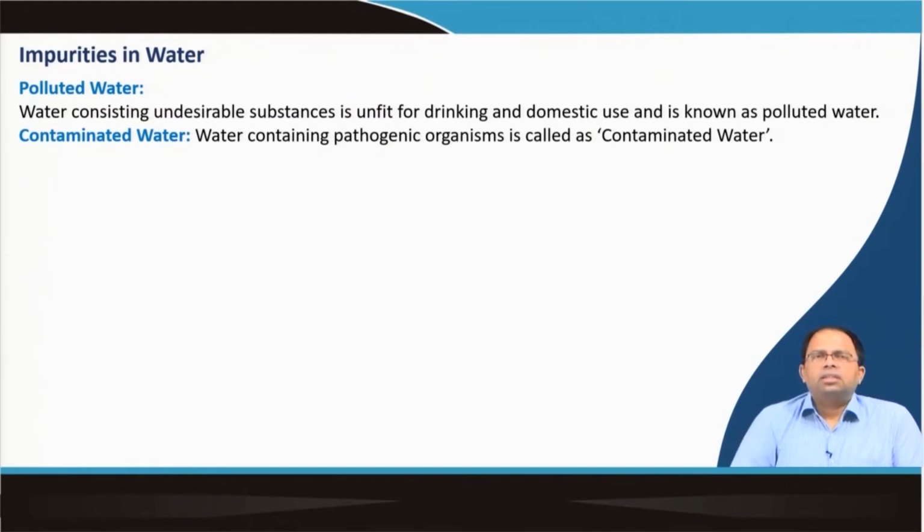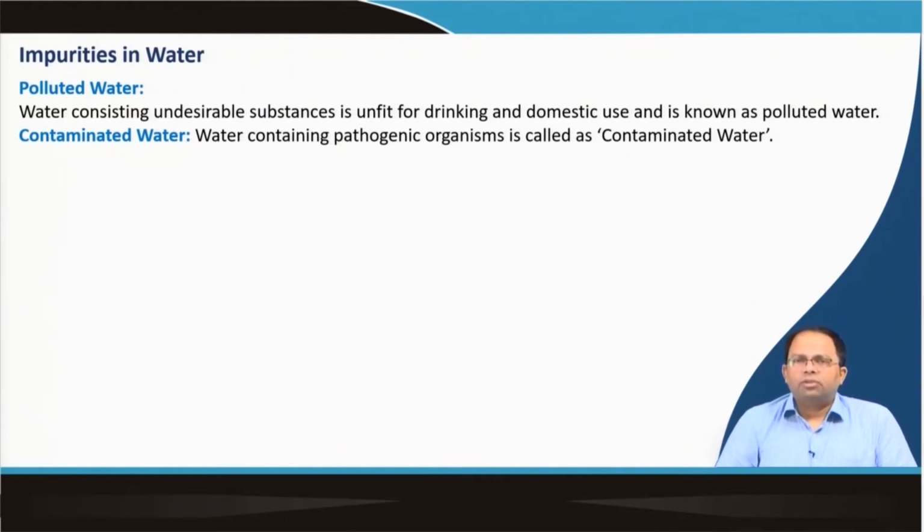Now, why do we need to understand about these impurities in water? Because whenever we are planning for an urban area, we need to understand the different sources of water and what kind of source it is, and based on that we have a fair idea about what kind of impurities would be present in that water. For example, if we test water in rural areas, we will see that there is a lot of fecal coliform bacteria in that particular water. But we need to make sure that the levels are not up to the level which will actually harm us.